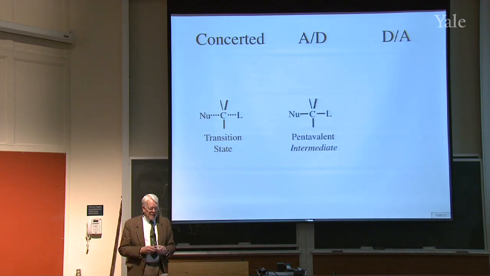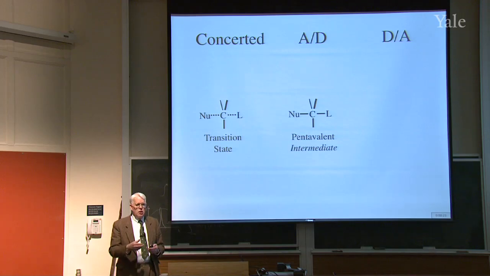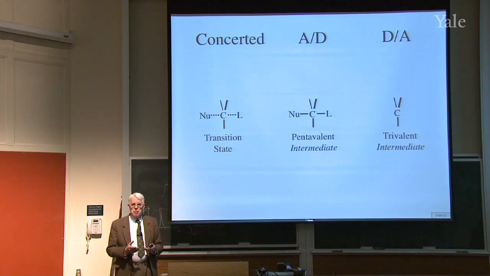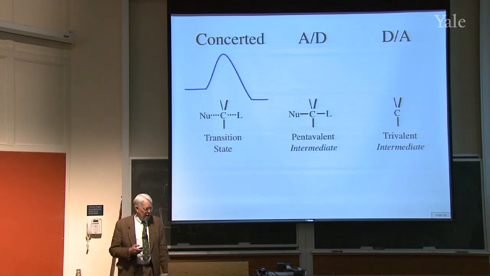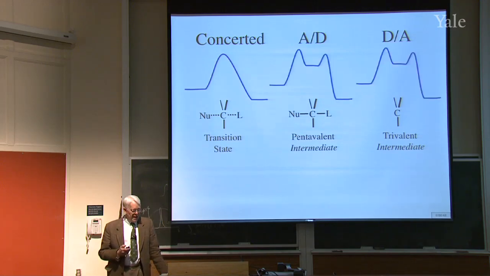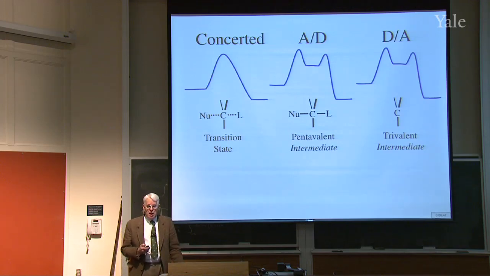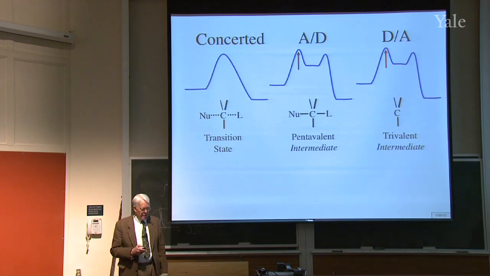You can have a pentavalent carbon intermediate, so you first make the new bond and only subsequently do you break the old bond. Or you could break the old bond and get a trivalent intermediate and then subsequently make the new bond. Right? So if we look at the reaction coordinate diagram, the first one just has a transition state, but the other two have intermediates, either a pentavalent carbon intermediate or a trivalent carbon intermediate, right?